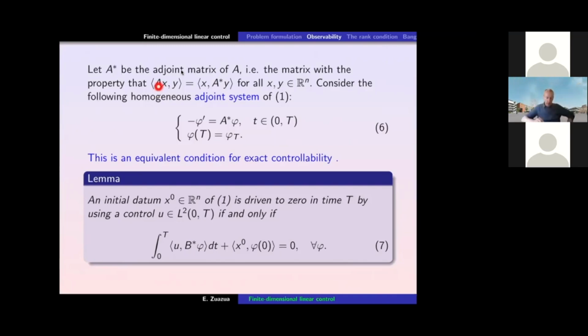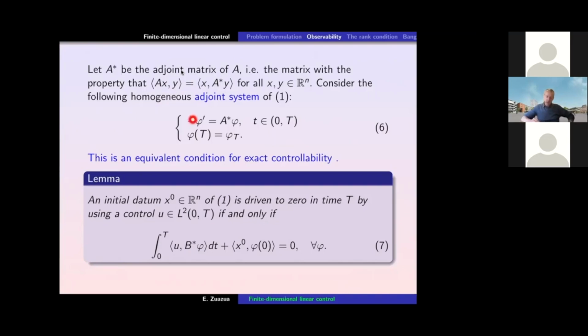And from a purely algebraic perspective, what you are doing is that in the scalar product AX times Y, you are able to isolate the variable X, putting the action of A onto Y through the adjoint A star. That's all. This is the pure definition of the algebraic adjoint.